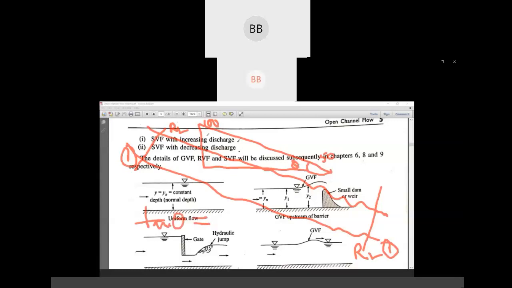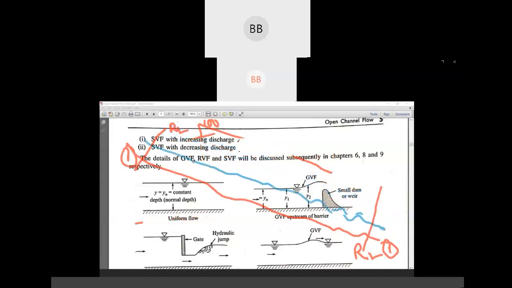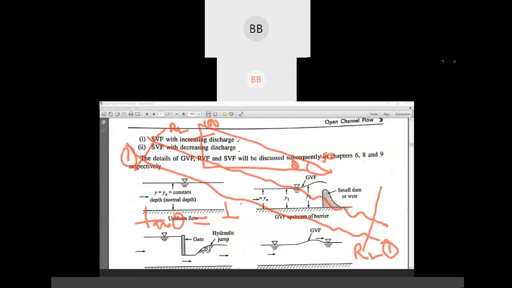So what is tan theta? Tan theta is perpendicular by base. What is the perpendicular distance? This distance. So here RL is 100, here RL is 50. So this distance will be your 50 meter.